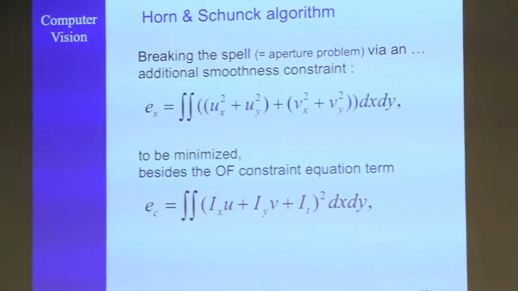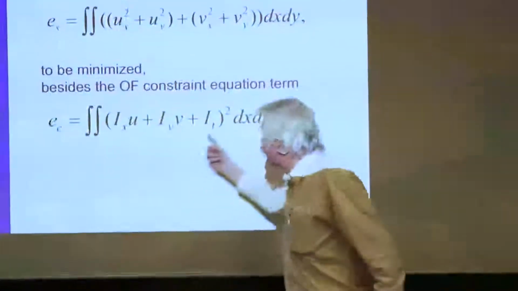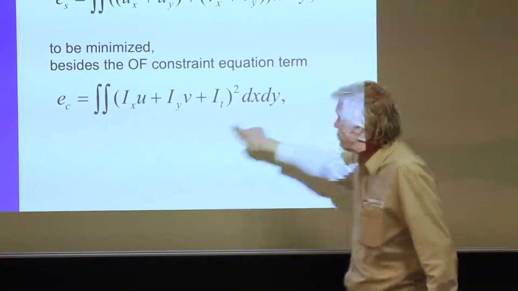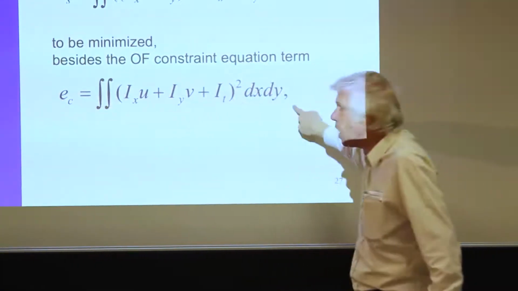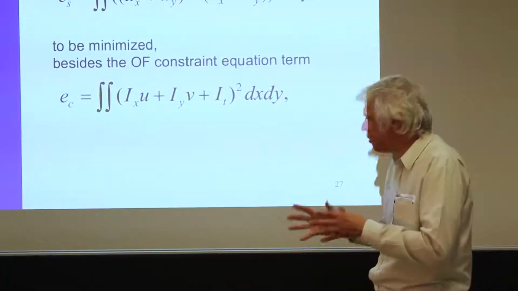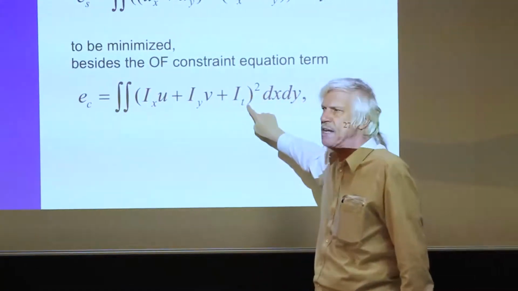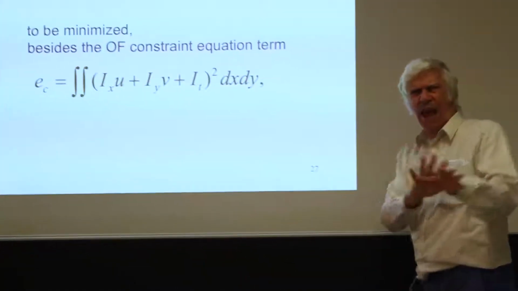So all the values here have to be small, because we integrate over the entire image. This is a double integral over the entire image. So at every pixel, we want this thing to be small in absolute value. That's what we have so far.